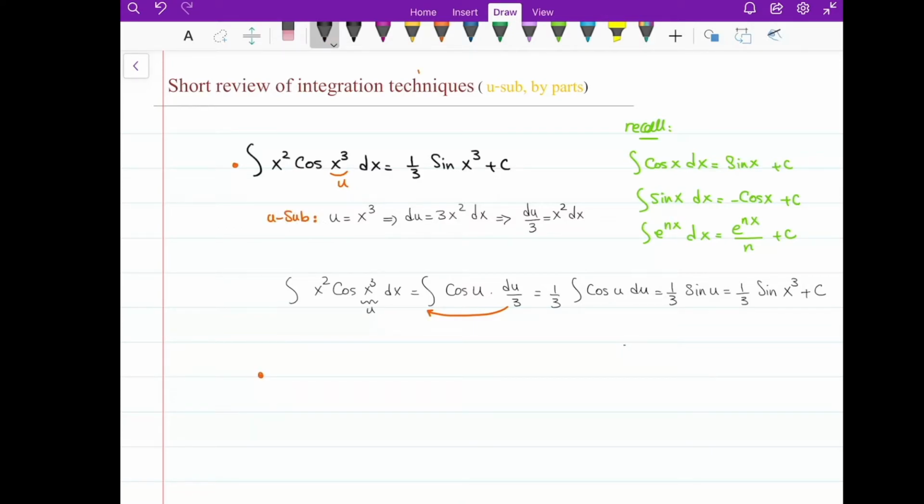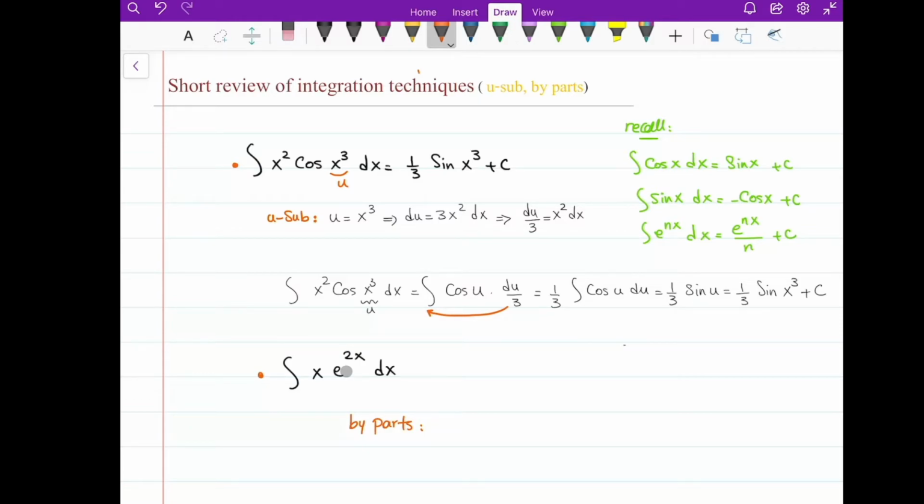Now let me give you one example of solving the integral of x e to the 2x dx. Okay, I can also use u to be 2x and then use u substitution, or I can use the integration by parts to solve this integral. How do I do that?